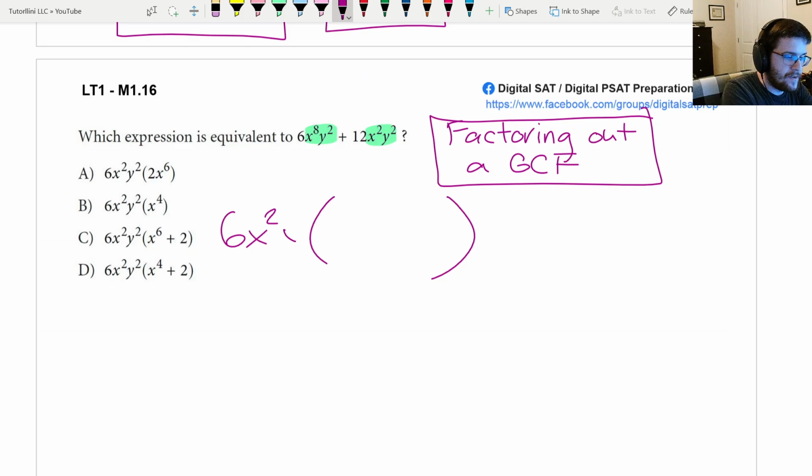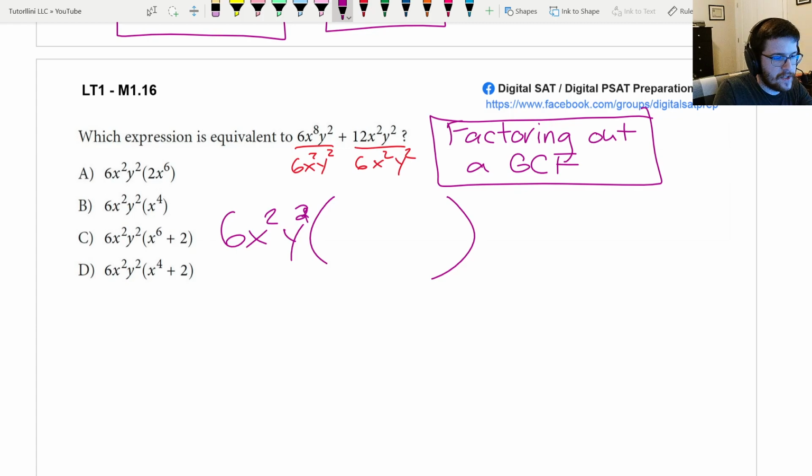They both have y to the 2, right? So now what you do is we're going to figure out what's left on the inside, you divide by whatever you pulled out. So we're going to divide both of them by 6x squared y squared.